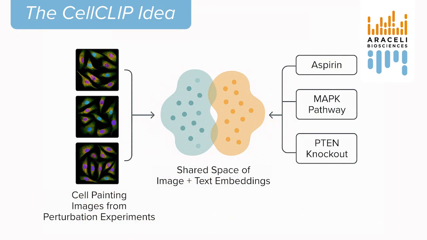So it basically works by having, on one side, cell painting images from perturbation experiments fed to the model. On the other side, you feed it text, things like drug names, target pathways, or even gene knockouts. The model is then trained so that the image embeddings and the text embeddings line up in the same shared space.